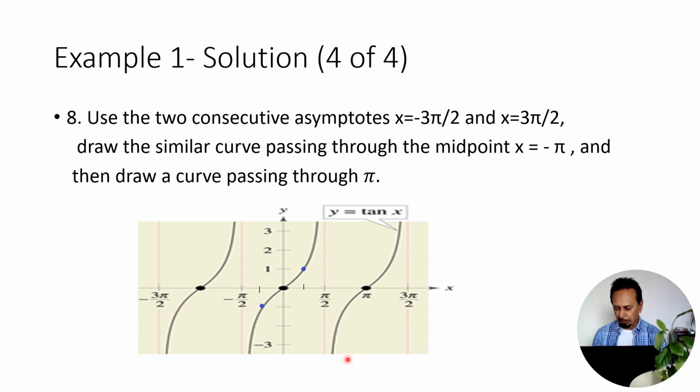Now we draw another pi units from pi over 2: draw a vertical asymptote, and then draw another vertical asymptote pi units to the left side. The center is negative pi, and we draw the graph of tangent x there. Then at the other center, graph another tangent. So now it's a complete graph for 3 cycles.